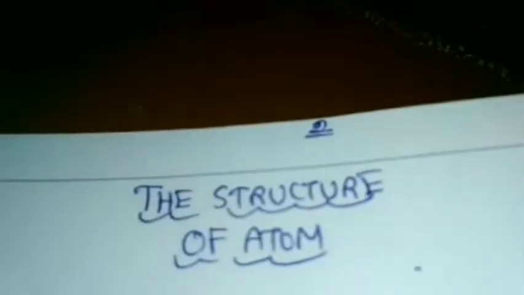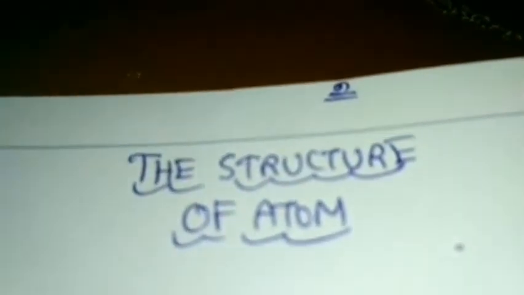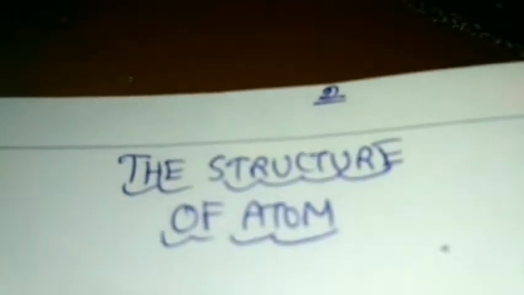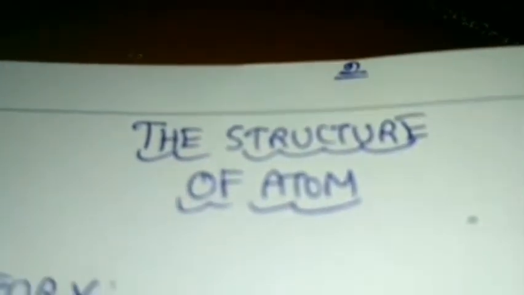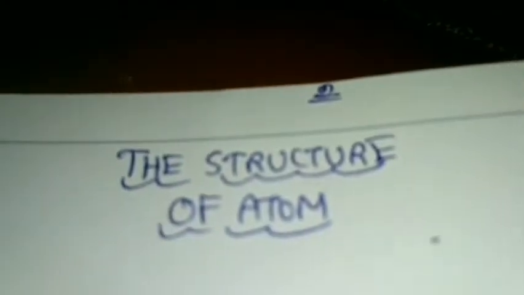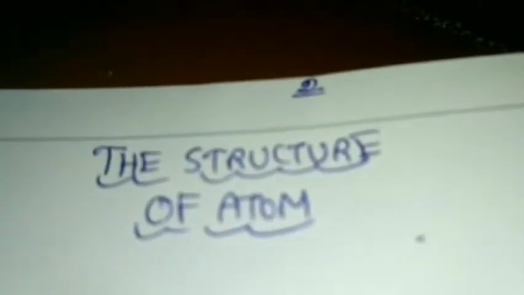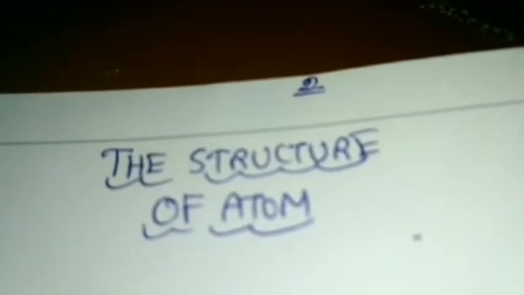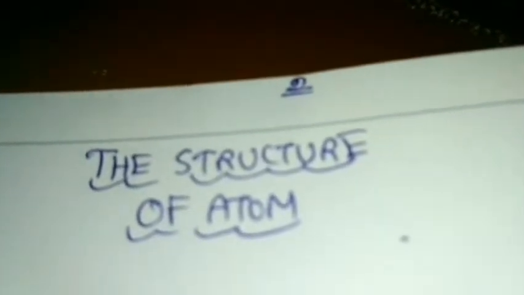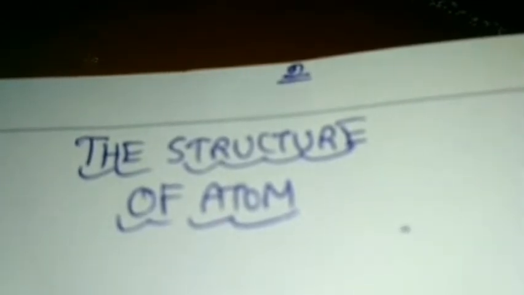Before that, I will give a brief introduction to what we would study in this chapter. We take up the discovery of electron, proton, neutron, basically the histories, and we slowly go into the models of the atoms, wherein we study Thomson's model and Rutherford's model.